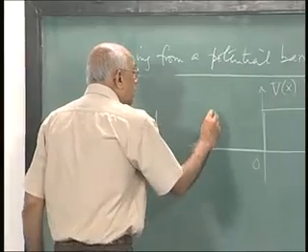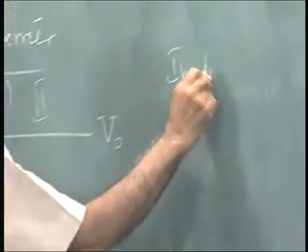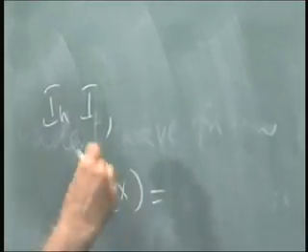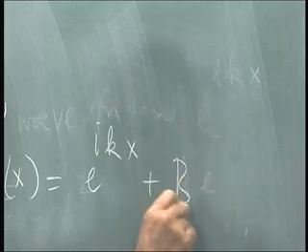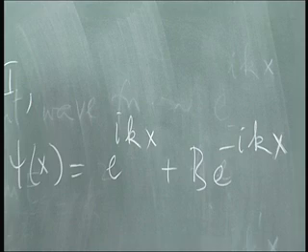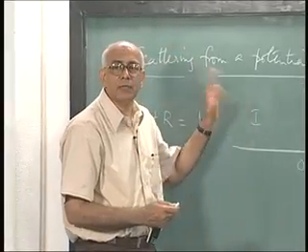Therefore in region 1, and this is region 2, in 1 the wave function psi of x is exactly equal to e to the i k x plus b e to the minus i k x. There is no approximation involved here, it is just a free particle.